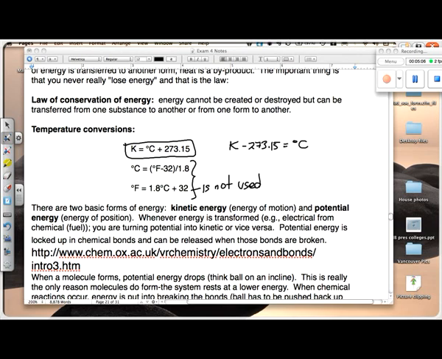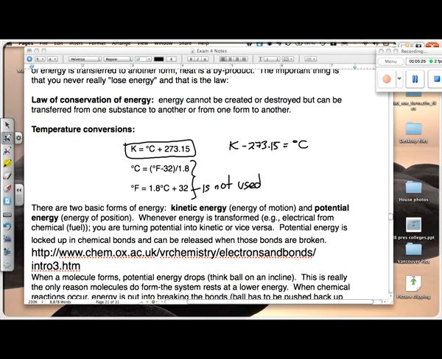I probably will assign one problem in the recitation going back and forth between Celsius and Fahrenheit. As an American, we still use the Fahrenheit scale here. I am perfectly comfortable using the Fahrenheit scale at home and the Celsius scale in the lab.